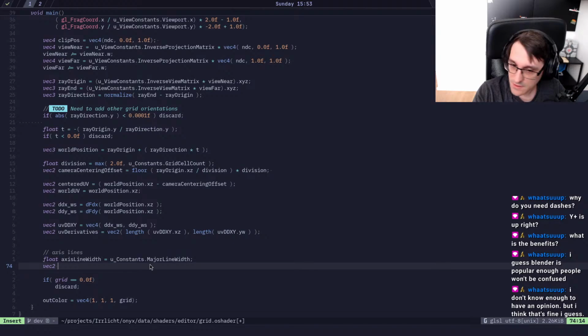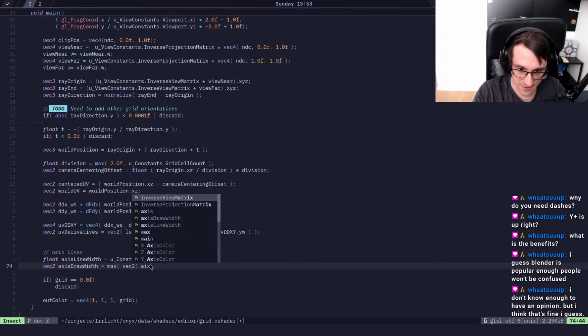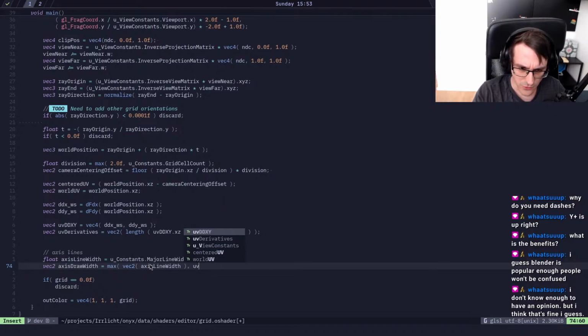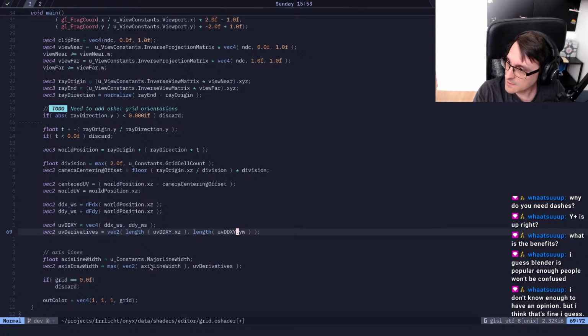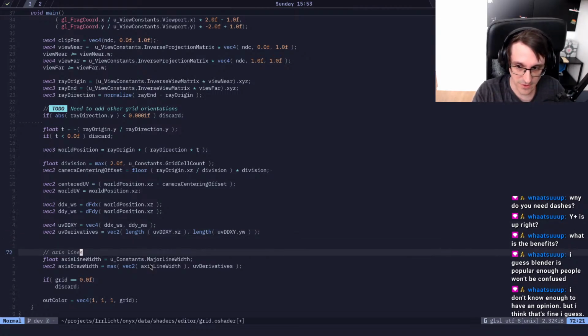And then vec2 is our axis draw width, which is the max between our vec2 of this and the UV derivative, basically. So we never want to be bigger than basically this, the change in the UVs.